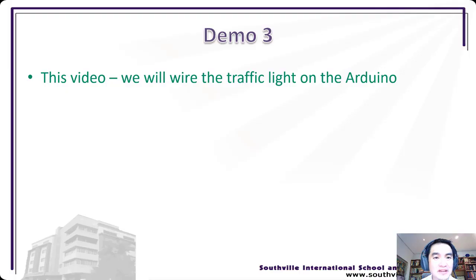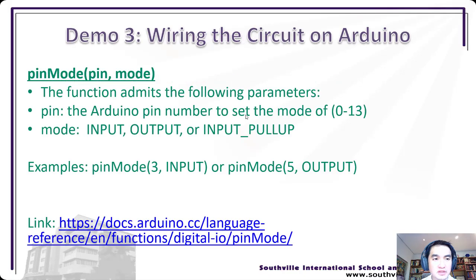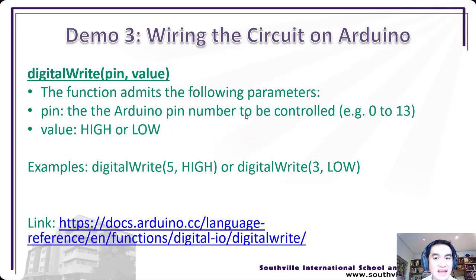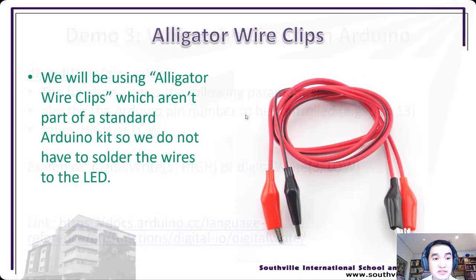So now that everything's wired up, we're going to launch Arduino and we're going to write the code. So again, we're going to just use pin mode, digital write, and delay, same as the previous video. The only difference is when we wired it, we used something called alligator wire clips so that you didn't have to actually solder it. You just had to clip it in, even if it's a bit challenging.